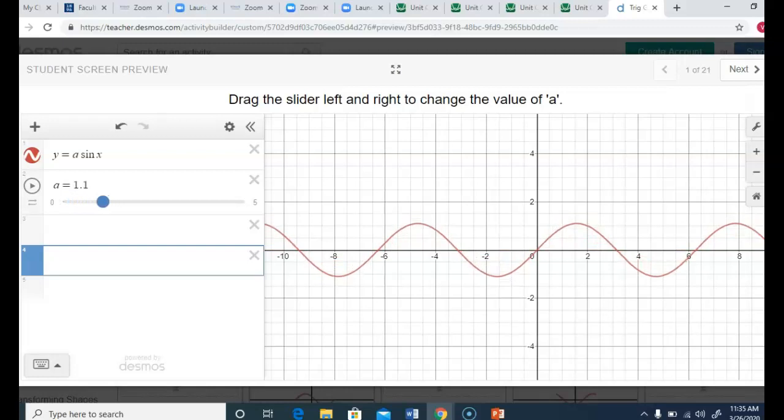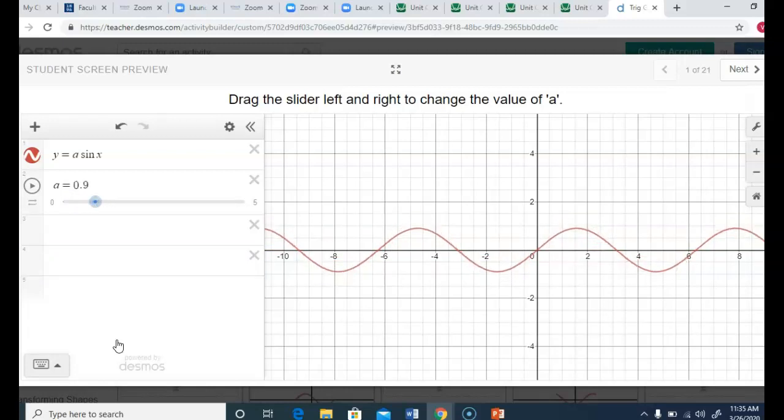So if I look at when a is 1, which is just our basic standard graph, there we go. Okay, so you can see it starts at 0, it goes up to 1, it comes back down to 0, and it makes one complete cycle. Here 2 pi is 6.28, so that's why we see it over here at 6. So here's our one cycle of the sine function.